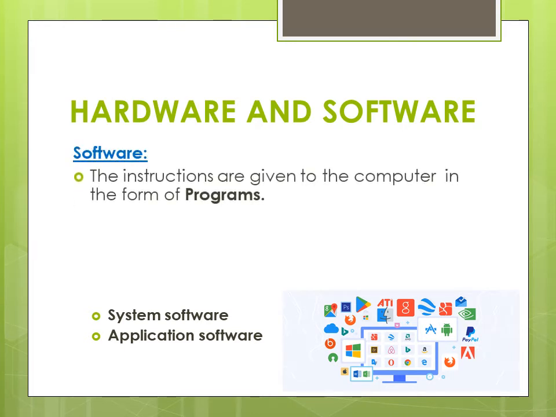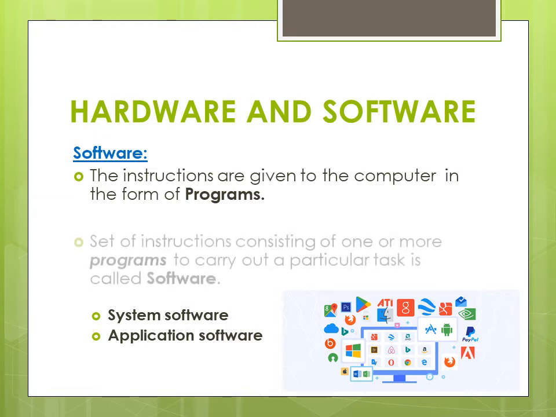What is software? The instructions given to the computer in the form of programs are known as software. You are all familiar with software. Nowadays we are using mobiles, and we are using a lot of software on our computers or mobiles. Software is an essential component for the successful functioning of any computer system. A vast variety of software is used to get the computer to do a variety of tasks.